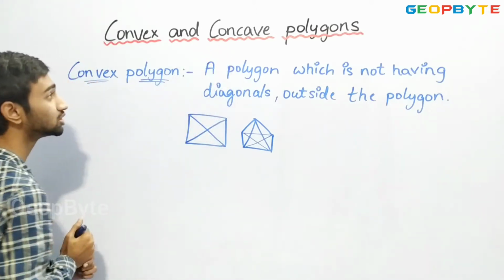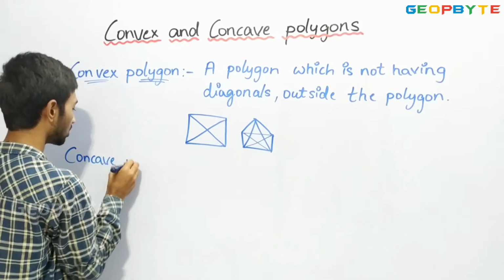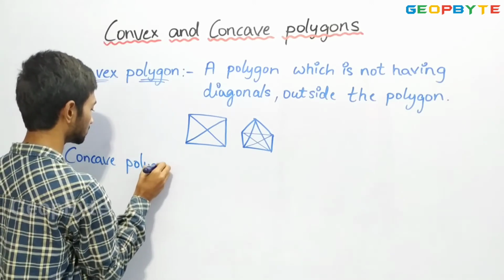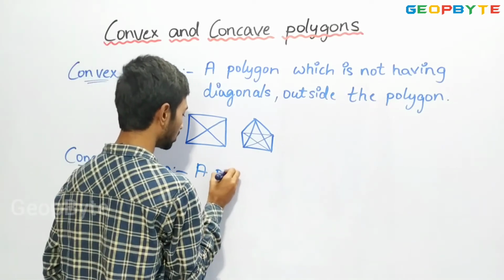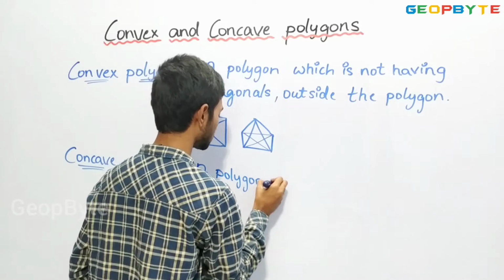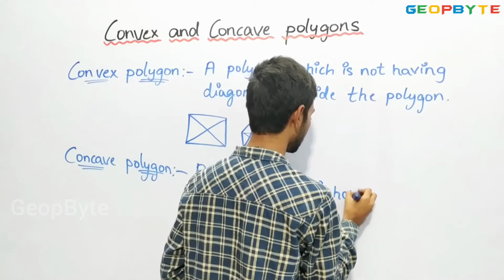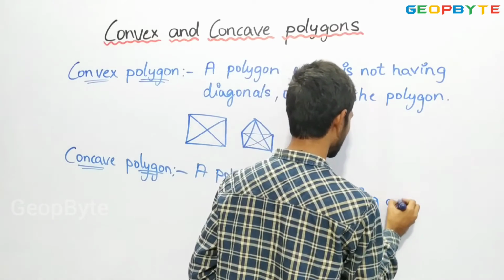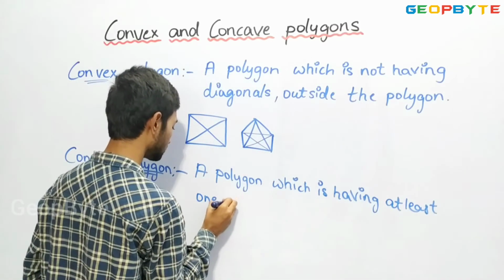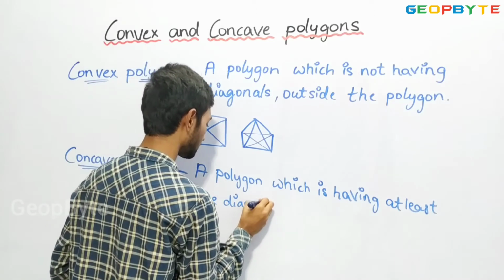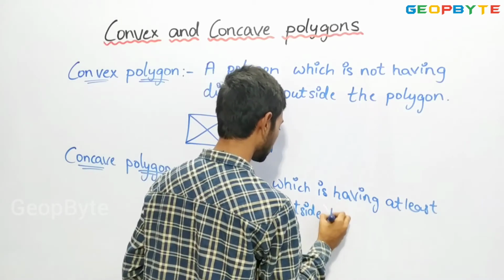Now let us write the definition of concave polygons. Concave polygon: a polygon which is having at least one diagonal outside the polygon.